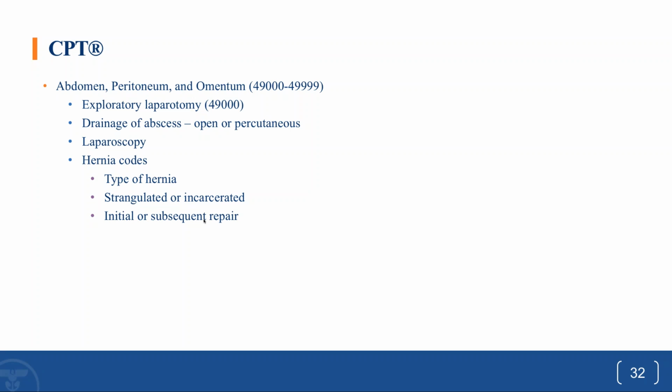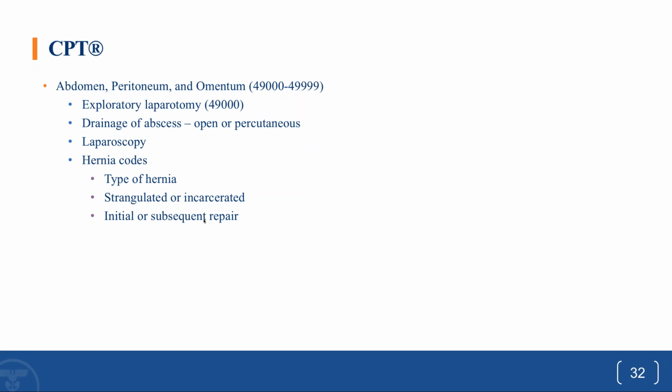Then 49496 is whether that hernia has some type of obstruction. If there's any type of obstruction or something blocking, you will use the term incarcerated or strangulated. When you are coding for hernia repairs, you need to know the type of hernia, whether it's strangulated or incarcerated, and whether it's an initial or subsequent repair.